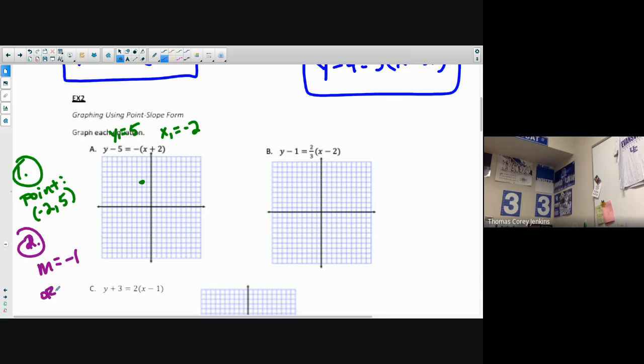Or if we want to think about that as a fraction, that could be negative 1 over positive 1, or the opposite of that, positive 1 over negative 1. Okay, so looking at negative 1 over positive 1, that would mean go down 1, right 1. Or the other one, positive 1 over negative 1, that'd mean go up 1, left 1. Remember, that's rise over run.